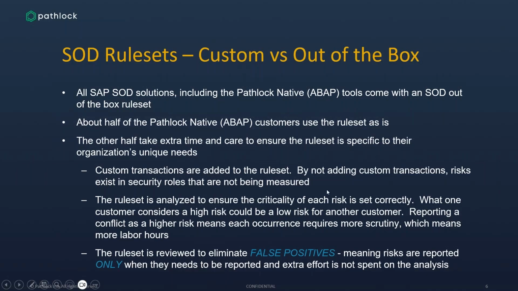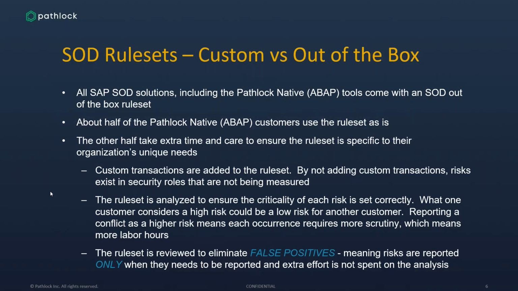The other thing about the rule set is eliminating false positives. And by that, I mean the risks are reported only when they need to be reported. So if something by default in the rule set we flag and it's not an issue at all for you guys, then adjust the rule set so that it doesn't show up.